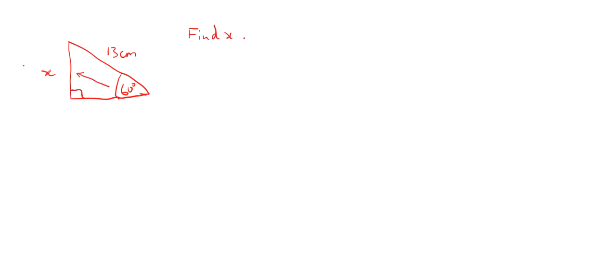So we have an angle of 60 degrees. The side opposite the angle is called opposite. The side opposite the 90 degrees, we call that the hypotenuse. Therefore, again, we're going to use sine. So we start off by writing the trigonometric ratio, which is sine theta is equal to opposite over hypotenuse.